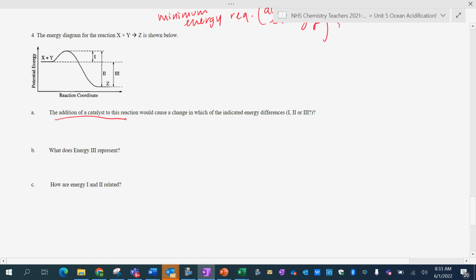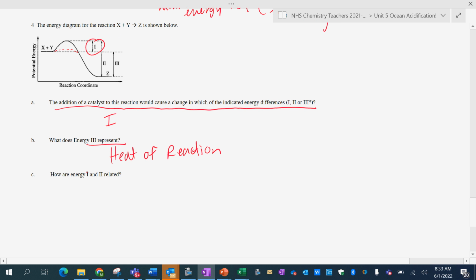The addition of a catalyst to this reaction would cause a change in which indicated energy difference? It would be 1, because a catalyst would lower that activation energy. Energy 3 represents the heat of reaction. It's the energy difference between the reactants and the products.